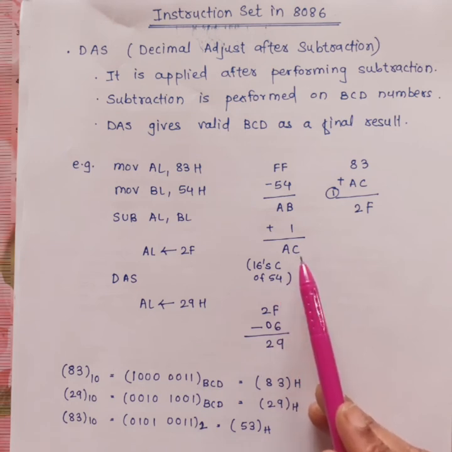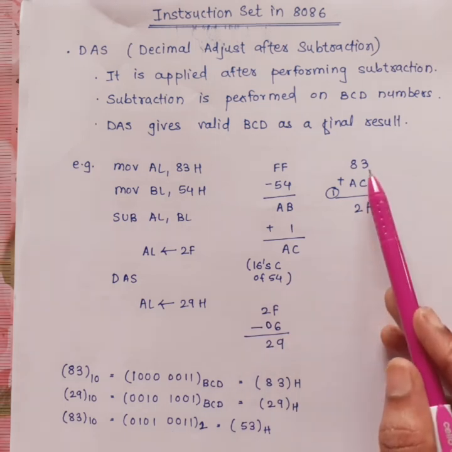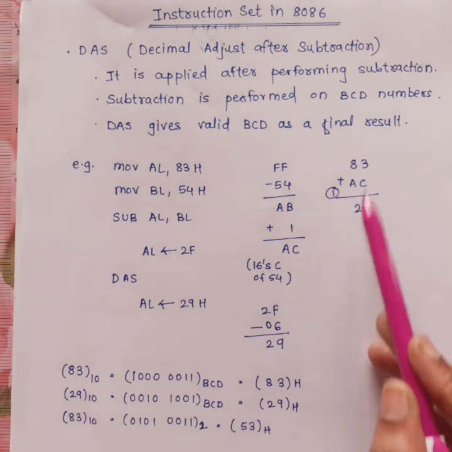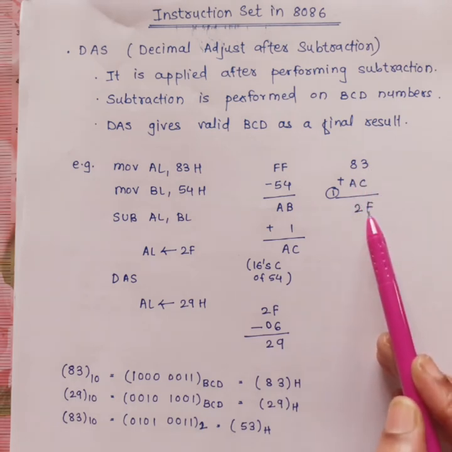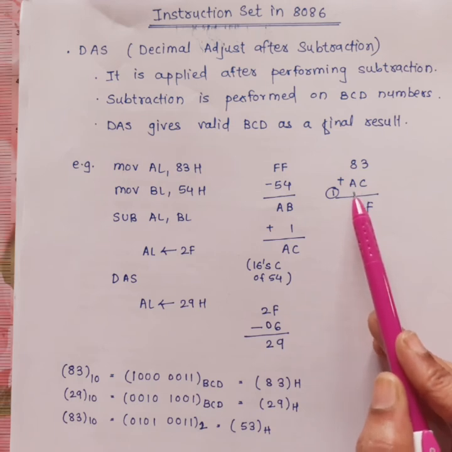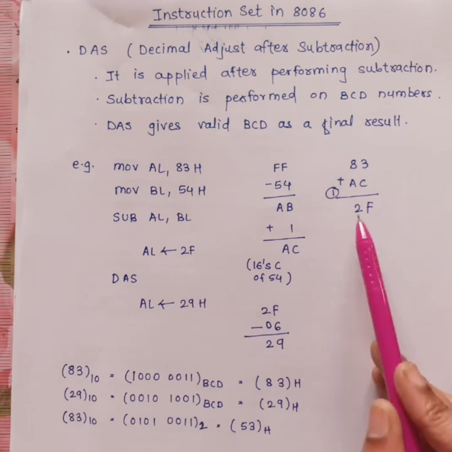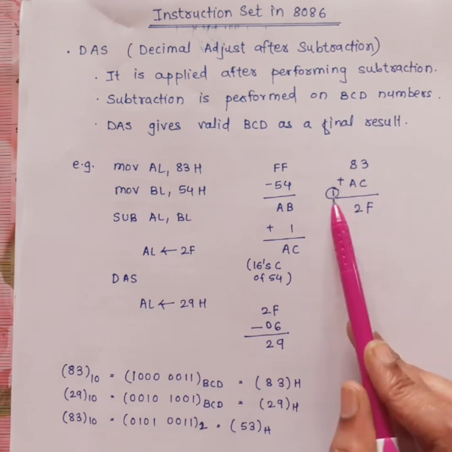This 16's complement of the subtrahend gets added to 83. This addition again we have to perform in hexadecimal only. So C plus 3 is 15, 15 modulus 16 is 15, and 15 divided by 16 carries 0. A plus 8, 10 plus 8 is 18, 18 modulus 16 is 2, and 18 divided by 16 carries 1.